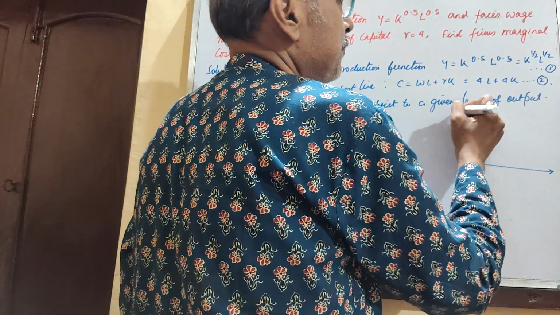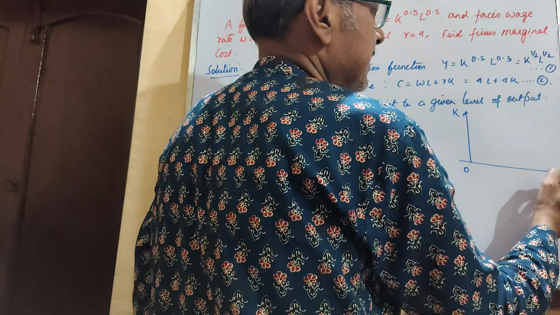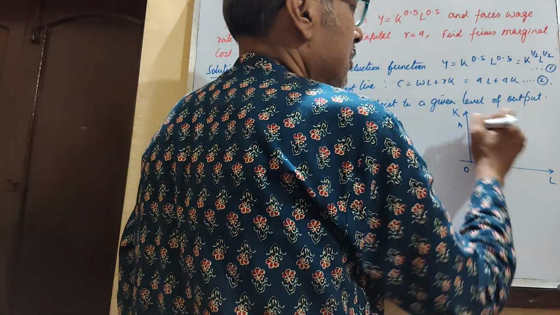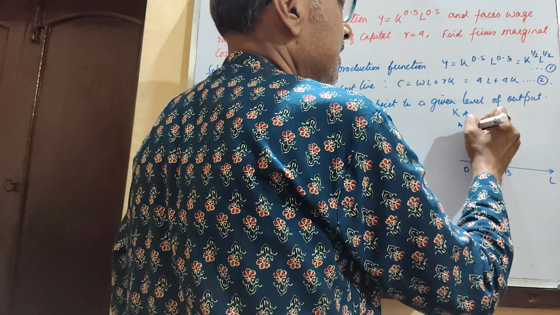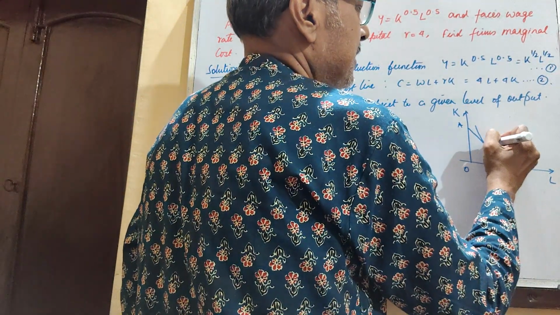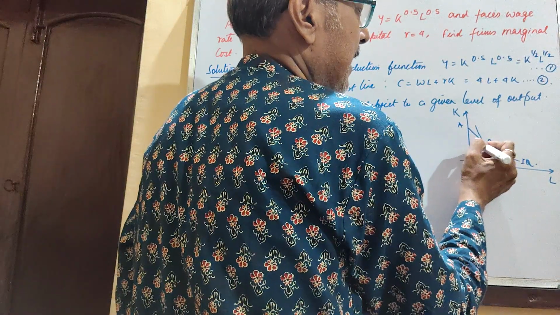On the vertical axis we are measuring capital, on the horizontal axis we are measuring labor. This is the iso cost line and this is the equation of isoquant. Point E is the equilibrium point.